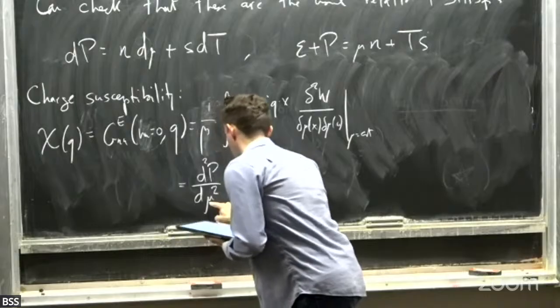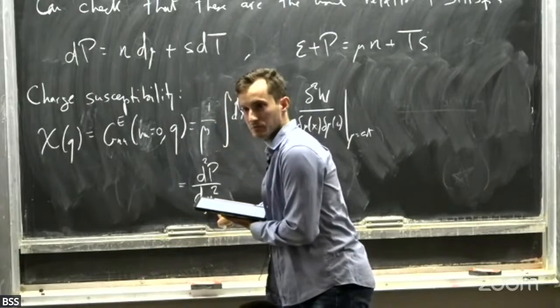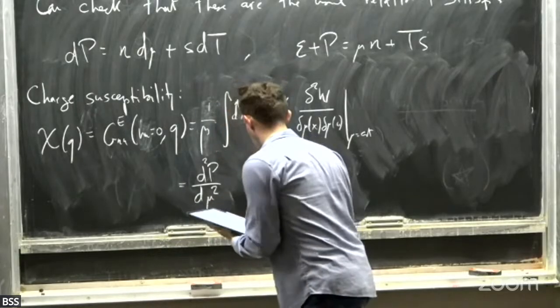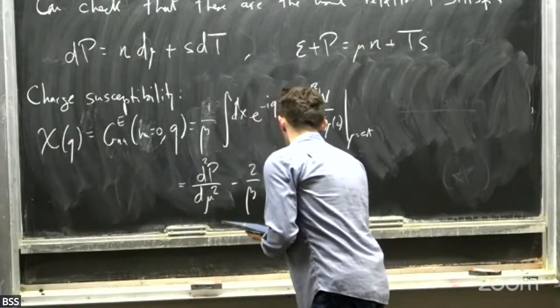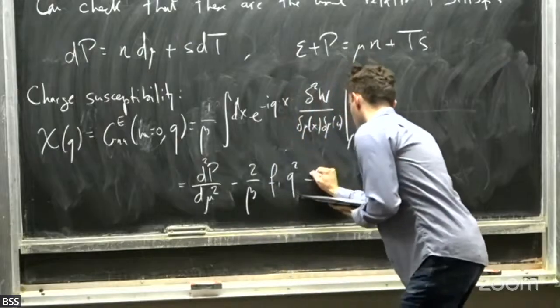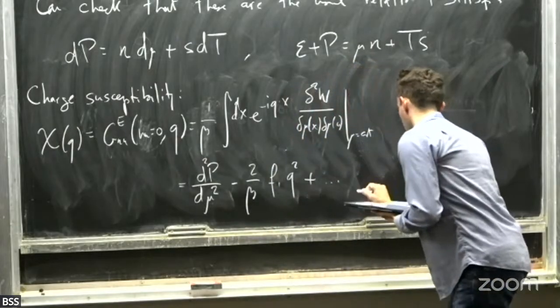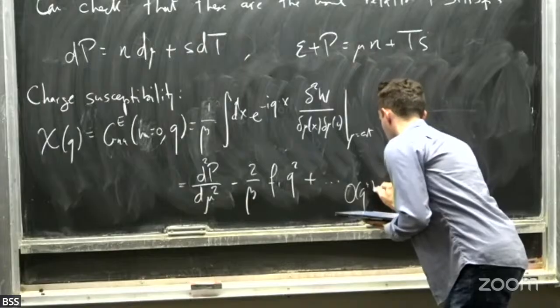You'll find that you get a leading contribution from F0, the leading term in our effective action. And F1 will give a Q² correction to the susceptibility, and so on. There would be higher order in Q terms.